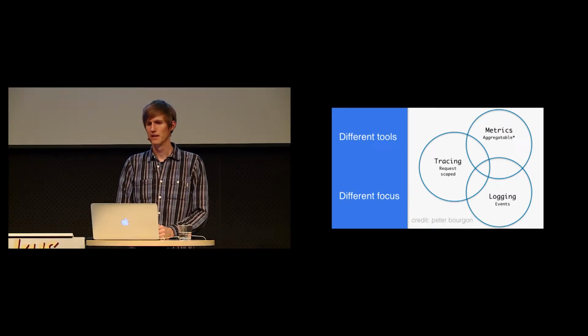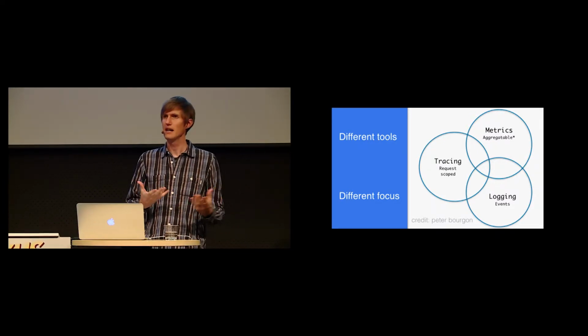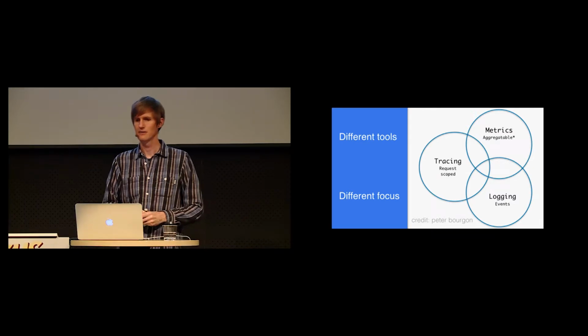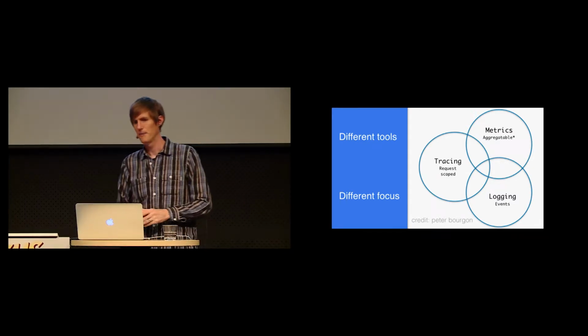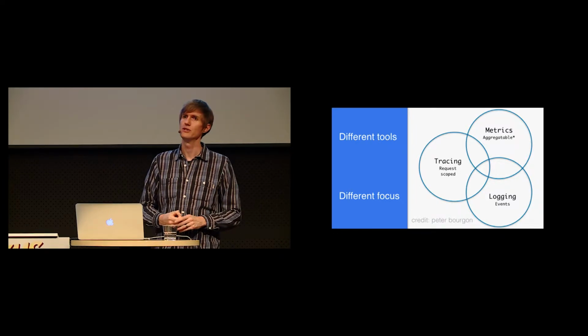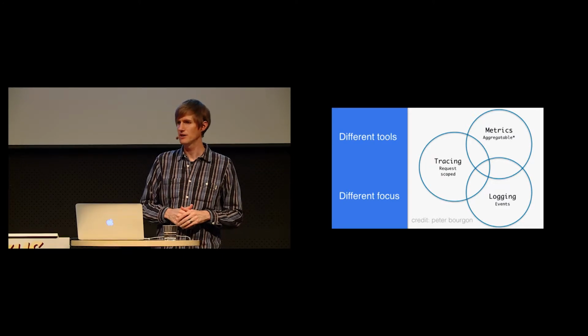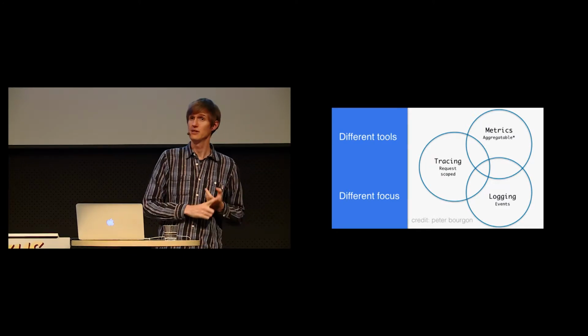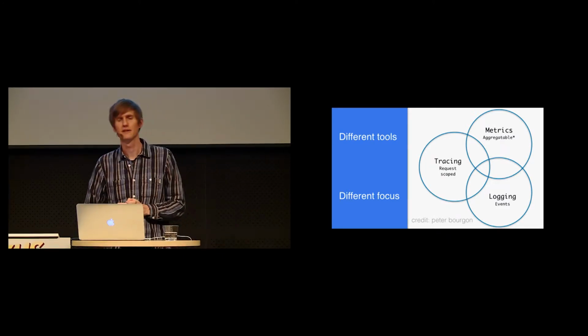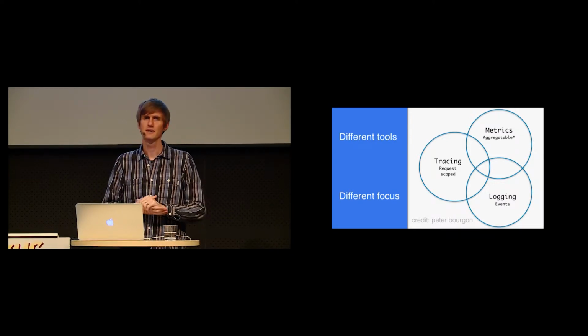For example, if you aggregate traces, you can get a nice service graph, where you can see how your services are communicating. On the other hand, there are things that metrics and logging do which are different from tracing. For example, you may have metrics about your time in GC, and that helps you with writing alerts and things. They're different tools and they have different focuses.